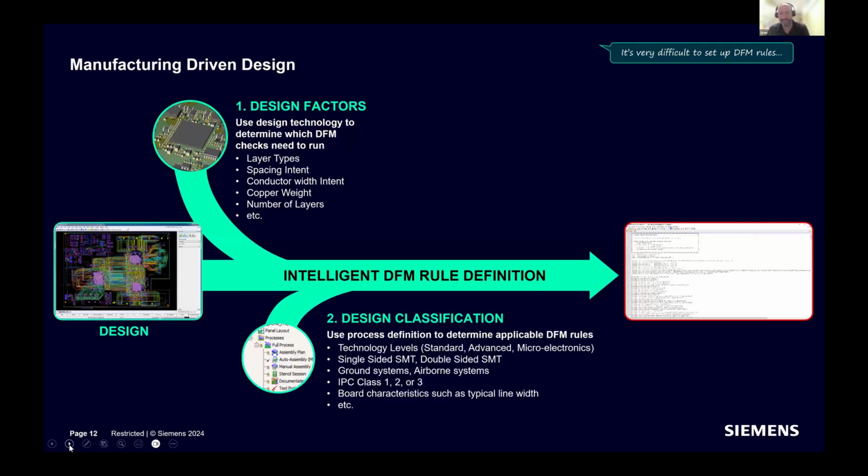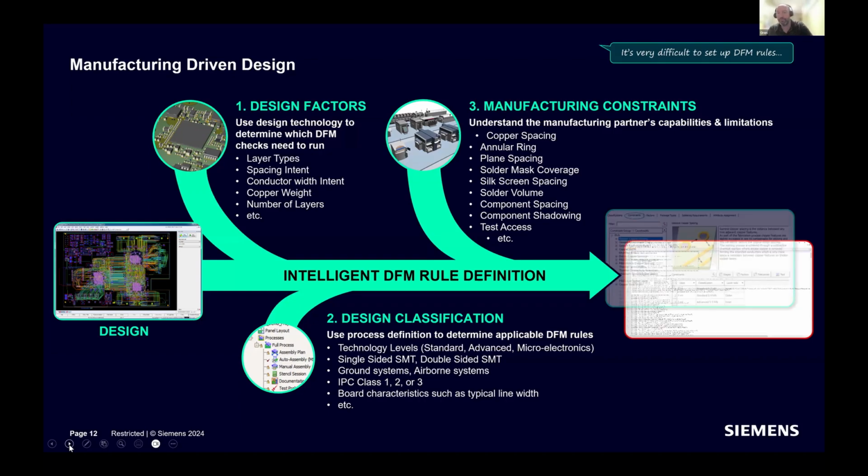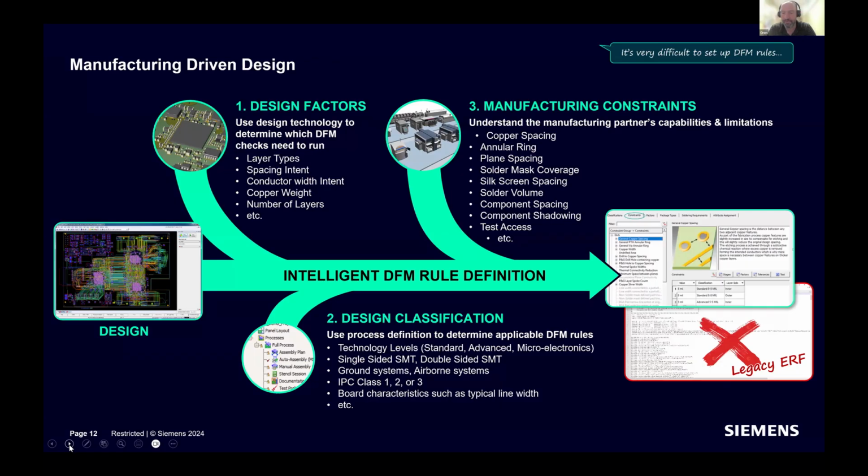We can automatically see things on the board like microvias, and then apply the microvia solutions. And finally, manufacturing constraints, which we can bring in as well. And we have this new graphical user interface for doing these things, called the analysis definition manager, which makes the whole DFM implementation and usage much, much easier.